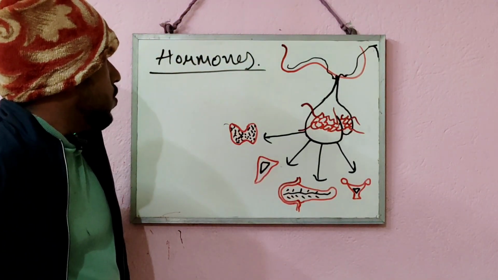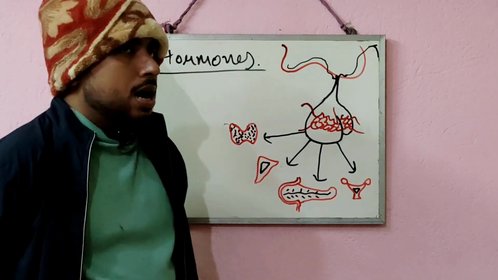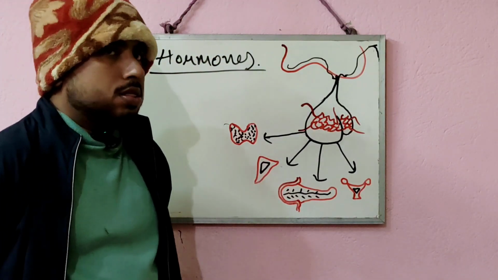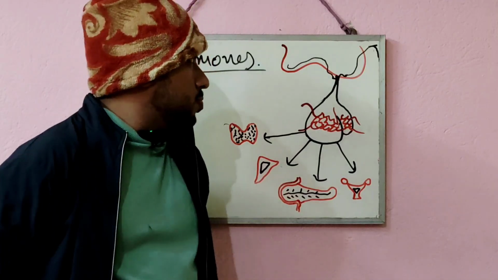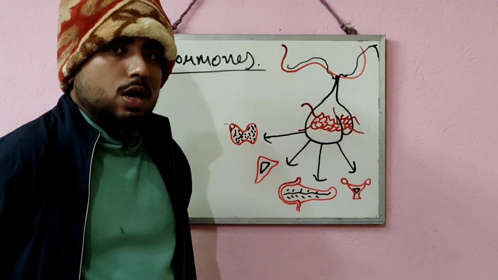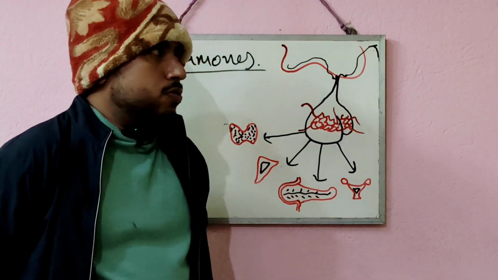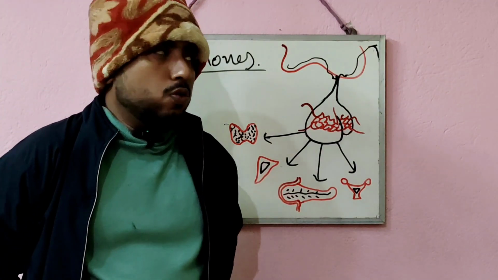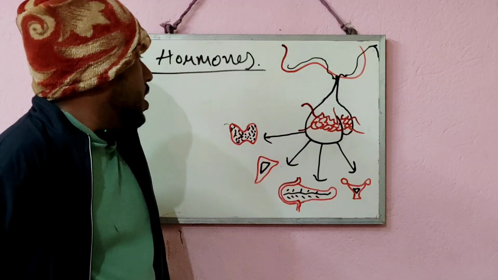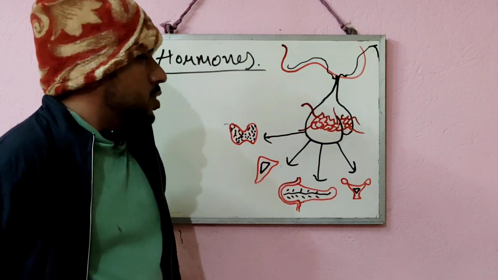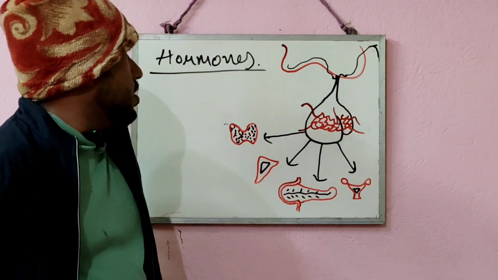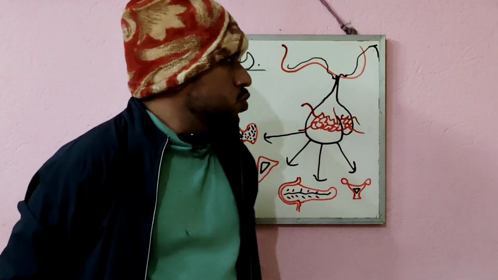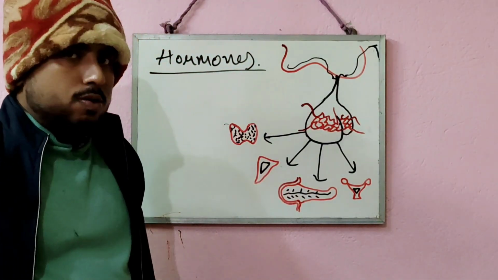Today we'll start a new topic, that is hormones and hormone related drugs. Before going through the drugs that are generally used as a replacement of hormone or to do the opposite action of hormone, first we have to understand what hormones are, how they show their action, from where they are secreted, what their different functions are, and how they are very important for our body to do different types of biological functions.